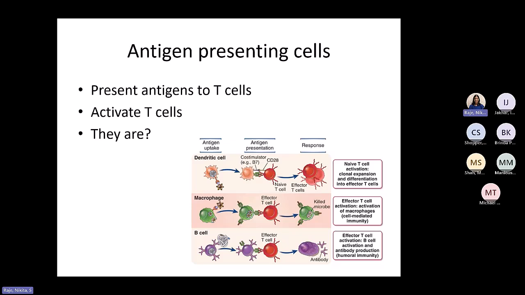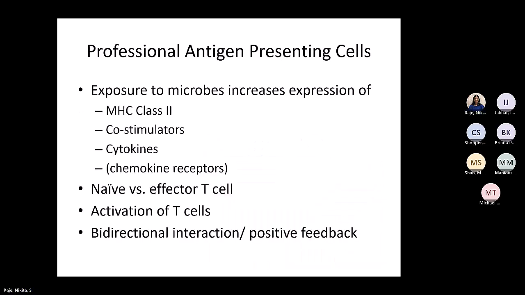That's going to activate the T cells, and in the periphery, there are macrophages that can present the antigen to those activated or effector T cells, and similarly there are activated B cells that can present the antigen to effector T cells. So the most important antigen presenting cell for naive T cells is the dendritic cell.